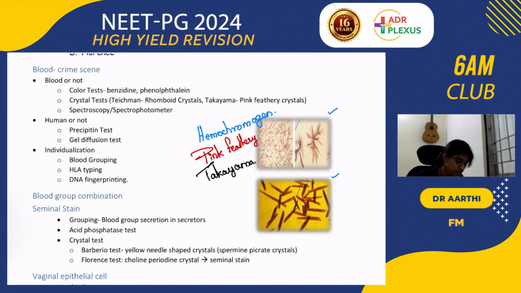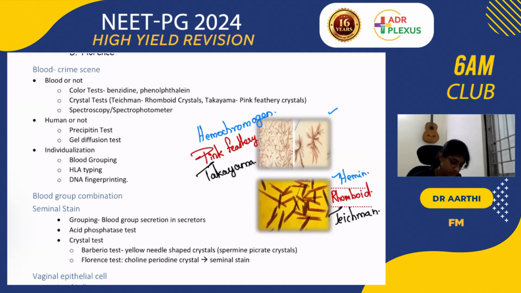Whereas the second one which you're seeing is a rhomboid crystal, right? Now, this is seen in the Hemin test, and this test is called the Teichmann test.